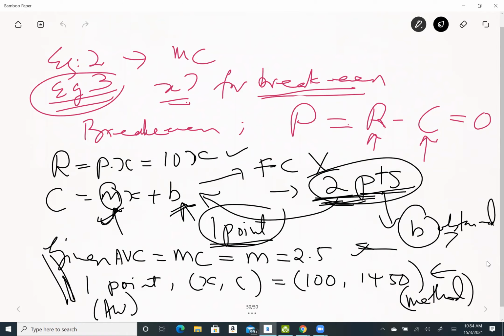So now you are given the revenue, you're given the cost, and you want to find the break even. As we know, break even is R minus C equal to 0. So the profit is equal to R minus C, which is equal to the price we already obtained, 10x, minus the cost.